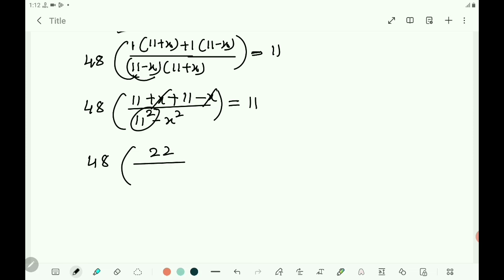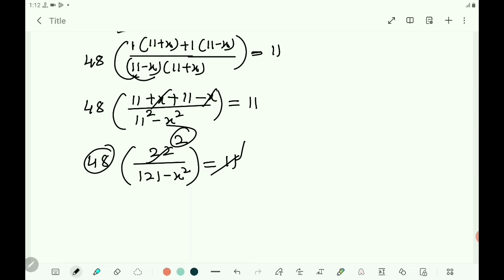Then 11 square, 11 square is 121 minus x square equals 11. Now you can cancel 11: 11 ones are 11, 11 twos are 22, 48 twos are 96.